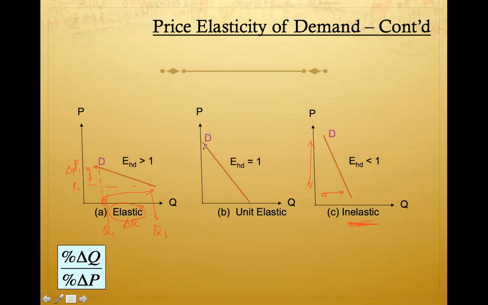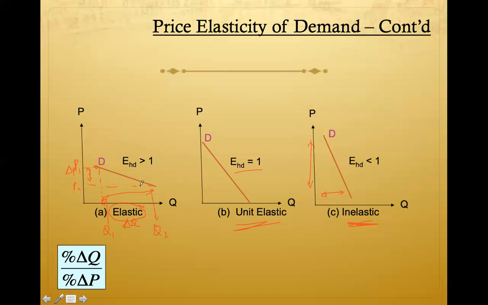Unit elastic is a constant proportional change between price and quantity. If the elasticity equals 1, it is called unit elastic. But the most important things to know are elastic and inelastic, two different things about elasticity.